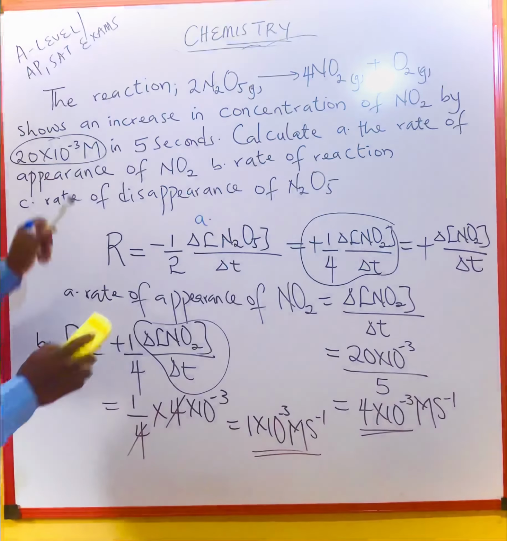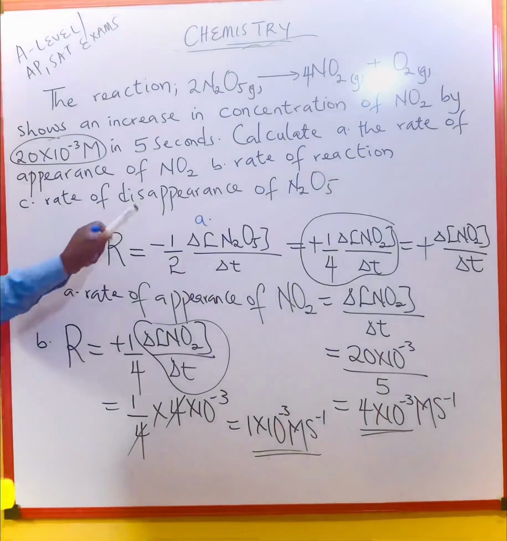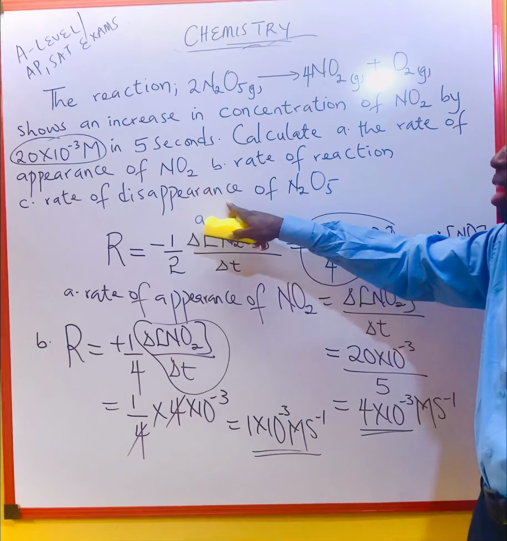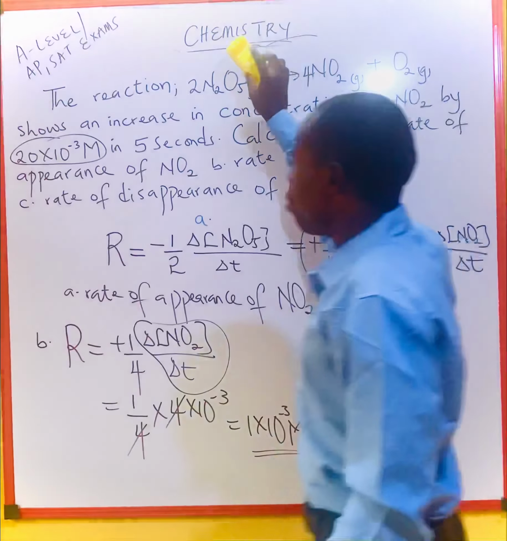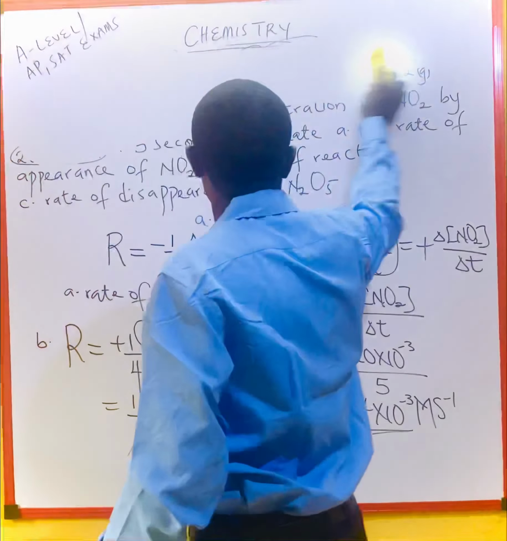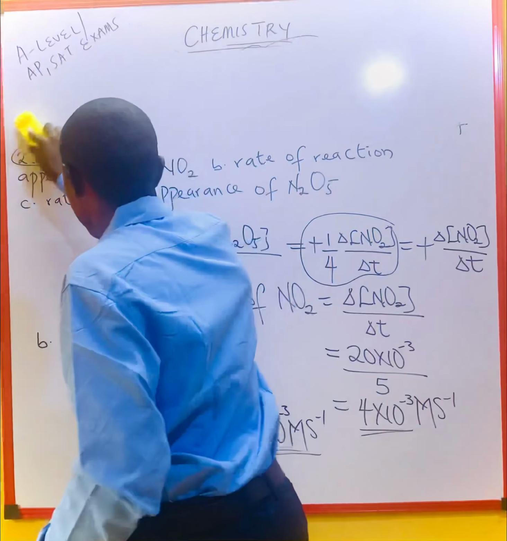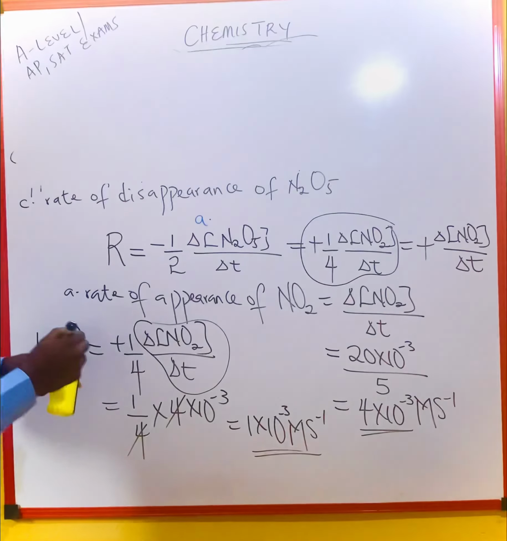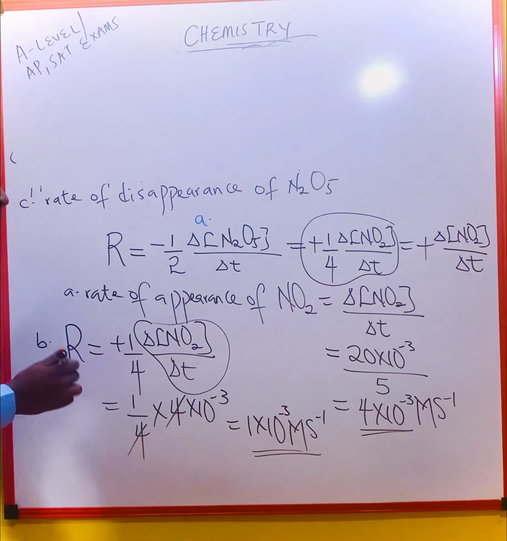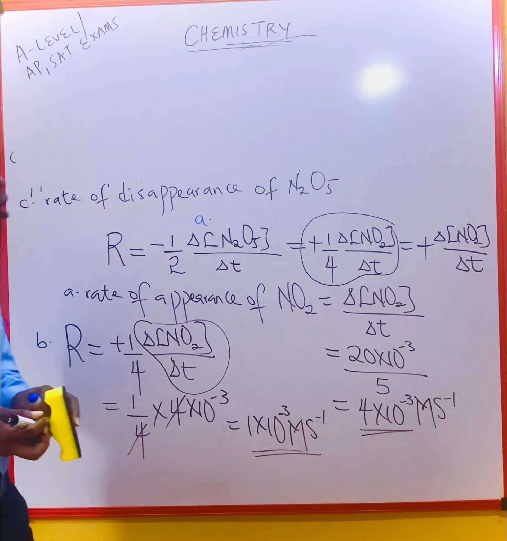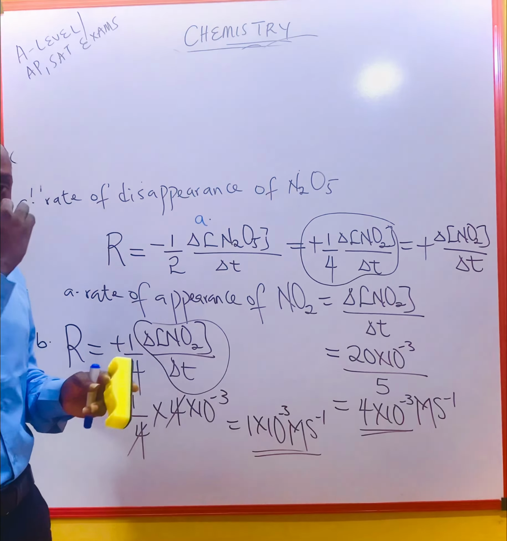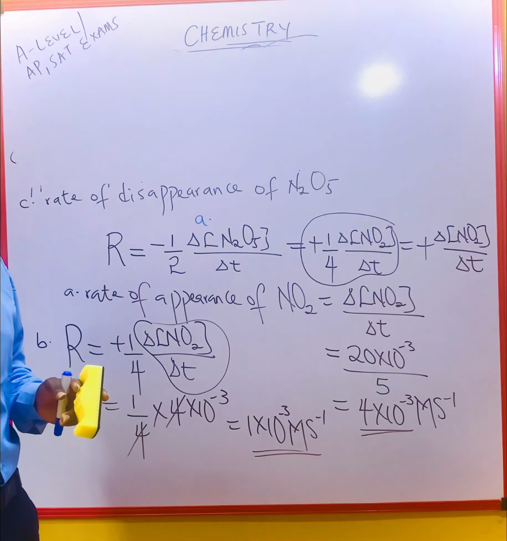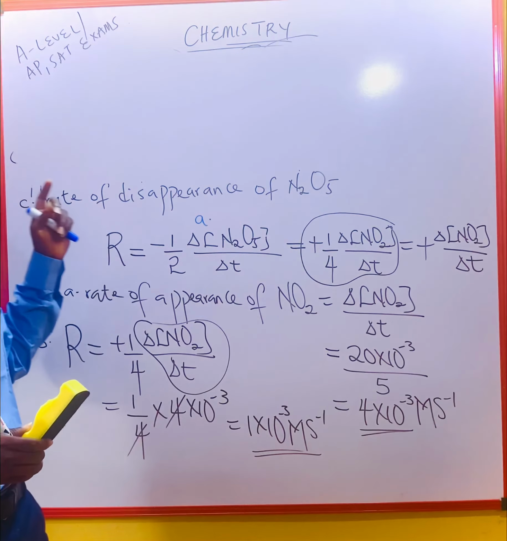Now I'm going to rub this part of the board to create more space to answer for the rate of disappearance of N2O5. Listen, in solving for the rate of disappearance of N2O5, it's just like stoichiometry, whereby you already know the rate of appearance of NO2.